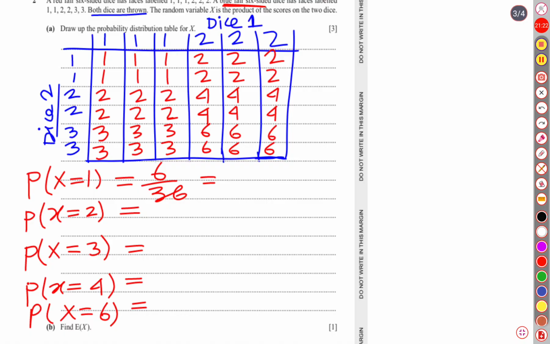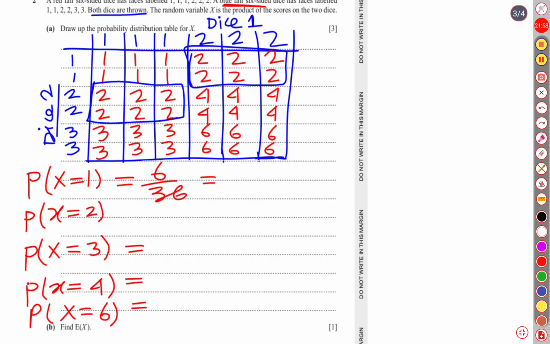So when the score is 2, our total probability is going to be 12 over 36. Let us write just a little below.